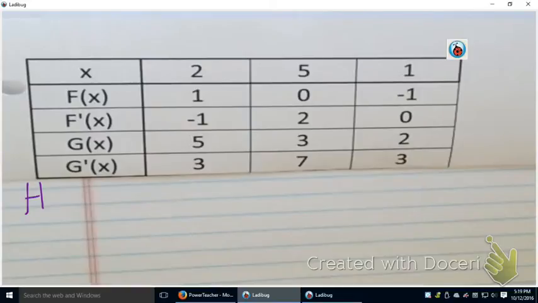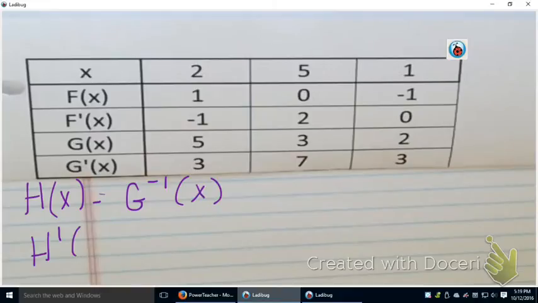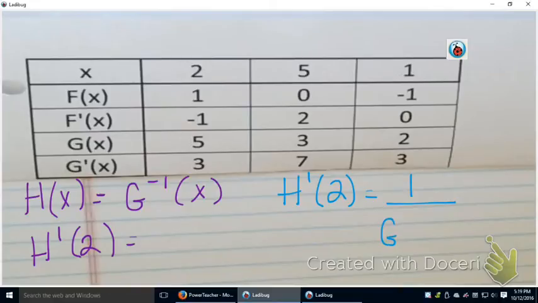Alright, we have h of x equals g inverse of x, and we want to find the derivative at 2. So the derivative at 2 would be 1 over g prime of whatever value corresponds with 2.